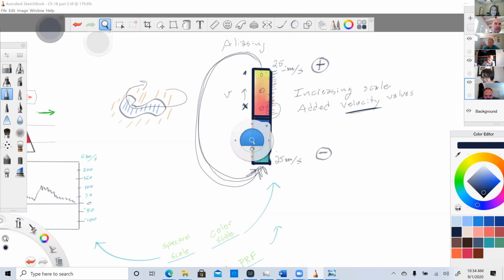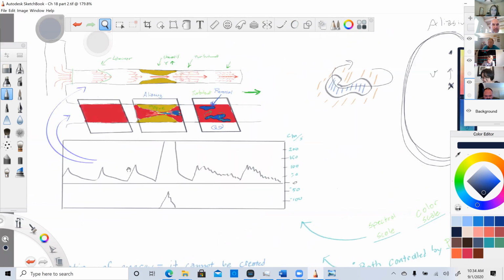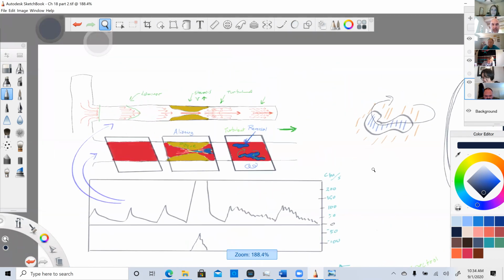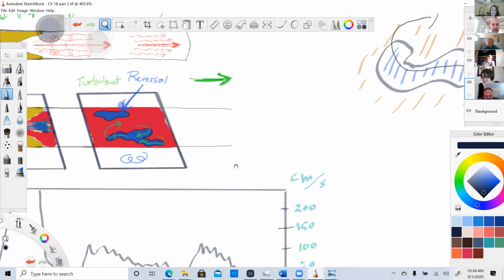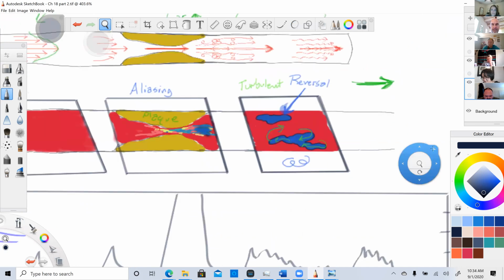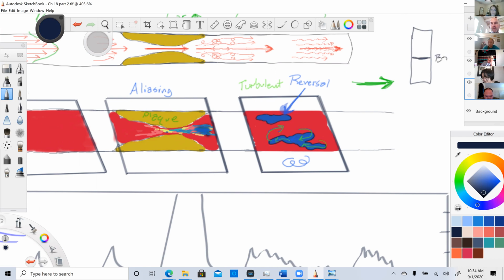So let's go back to this picture. And we could see there is no black. By the way, that black line on the scale itself is another form of a baseline.